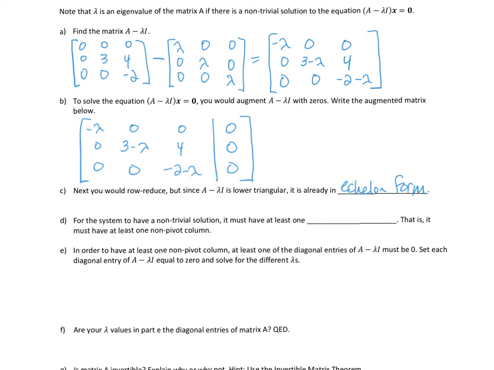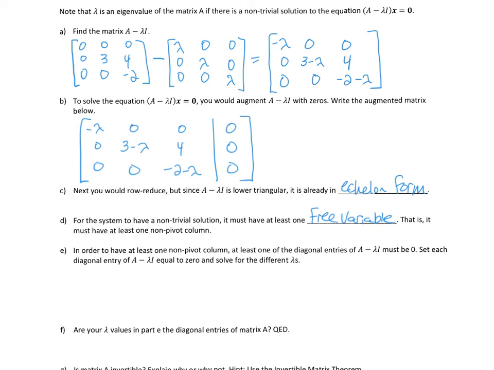If you want to have more than one solution, that means you have infinitely many, which means that we need at least one free variable. So that means we must have at least one non-pivot column. So in order to have at least one non-pivot column, at least one of the diagonal entries of A minus lambda I has to be 0.